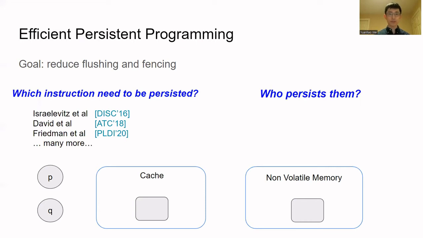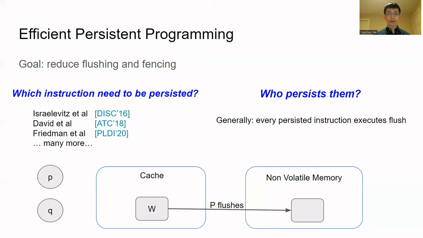So regardless of which approach you pick for the first question, we still have to address the second question, which is who should persist these instructions. So in general, you can solve this problem by having every persistent instruction execute a flush. But this could lead to a lot of redundant flushes. So to see an example, suppose P writes W and then flushes it to non-volatile memory.